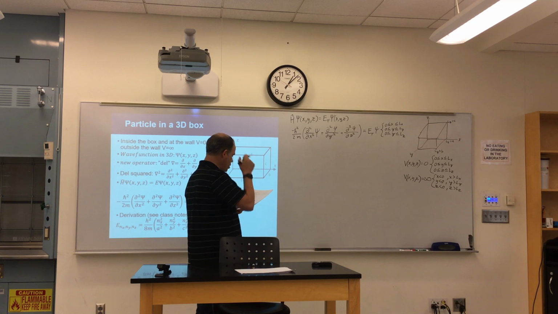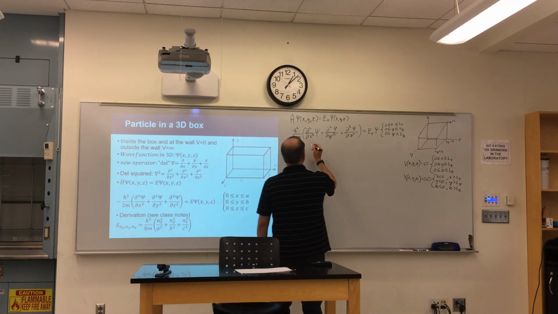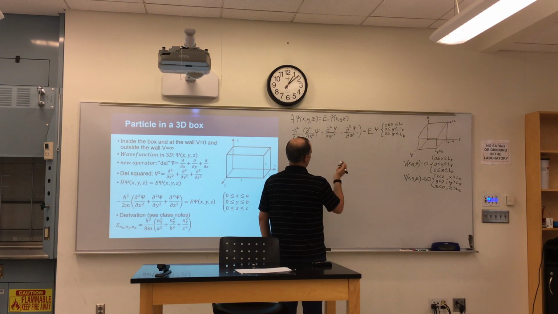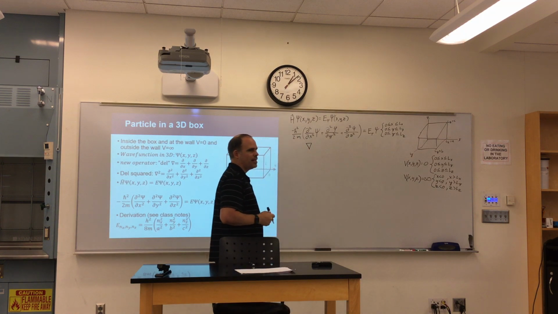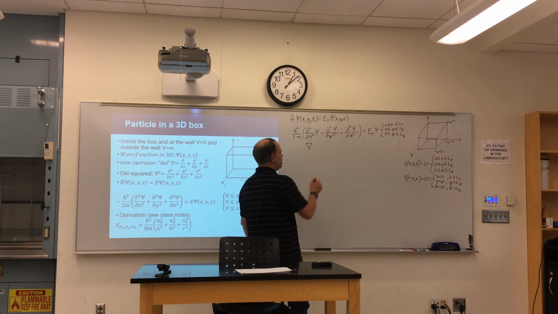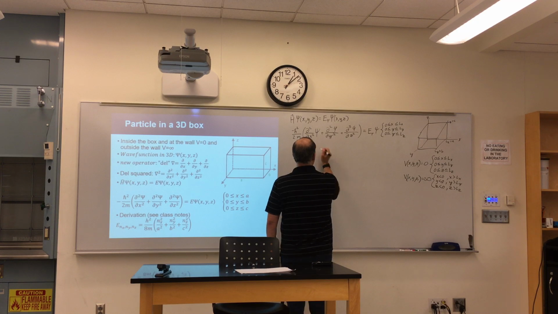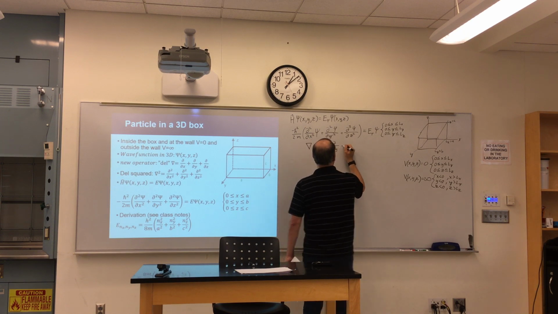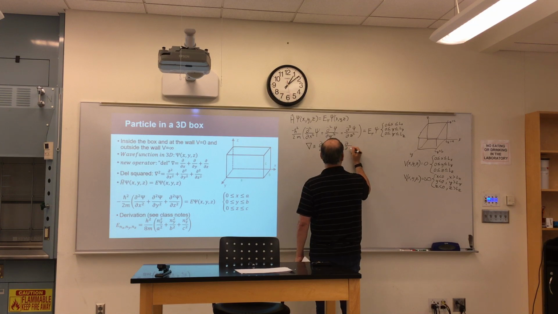Okay. We can simplify this whole jumbly mess in writing by using what's called the nabla. It's an upside down delta, right? It's defined as the partial derivative with respect to x plus the partial derivative with respect to y plus the partial derivative with respect to z.